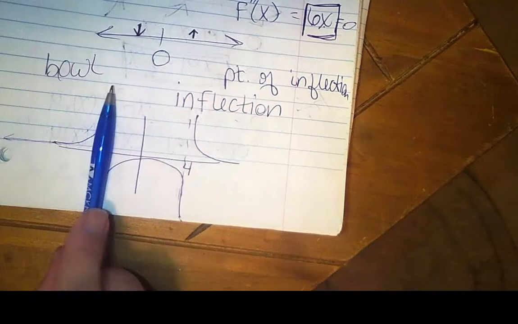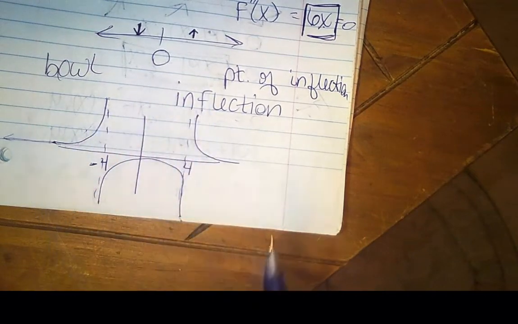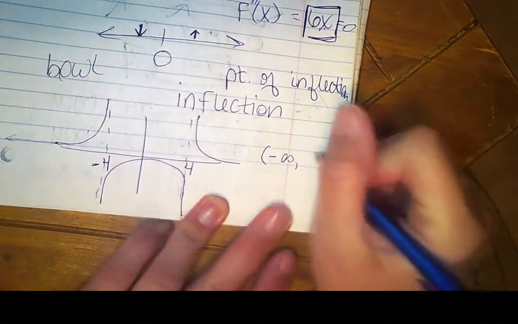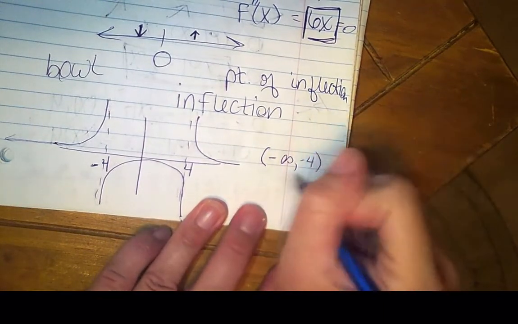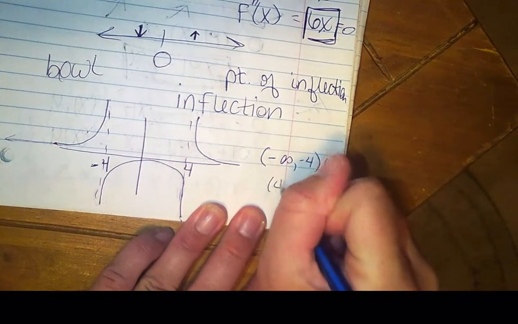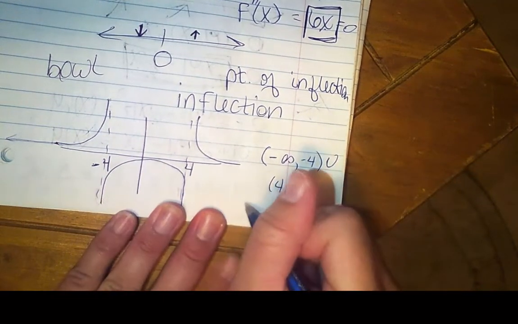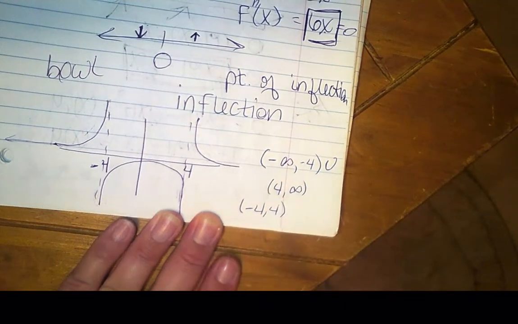No, because there's no point at -4 and there's no point at +4. So you do have concavity going from -infinity to -4. It's concave up. And again, from +4 to +infinity, it's concave up. It's concave down from -4 to +4.